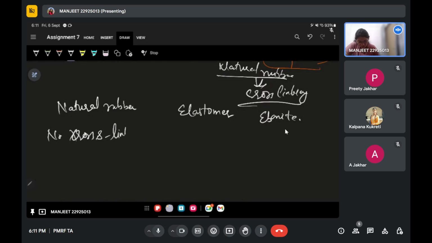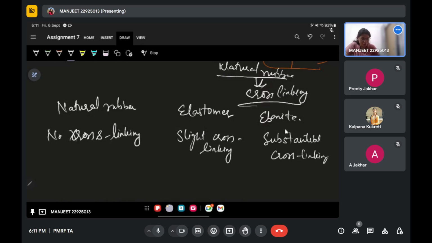In elastomer we have slight cross linking, and in ebonite we have substantial cross linking. With the addition of sulfur the cross linking will increase, and we move from natural rubber to the elastomer and then the ebonite.